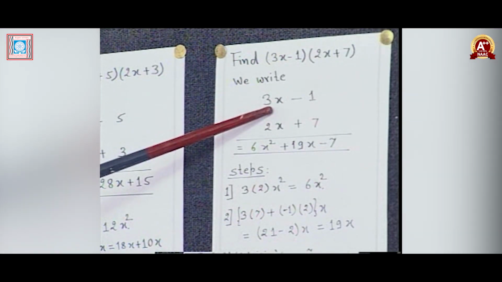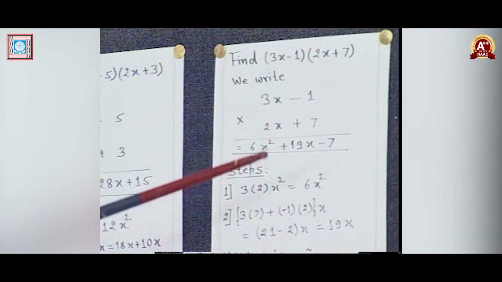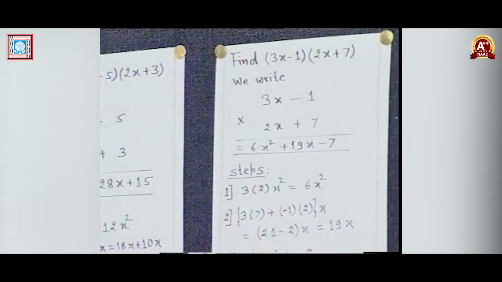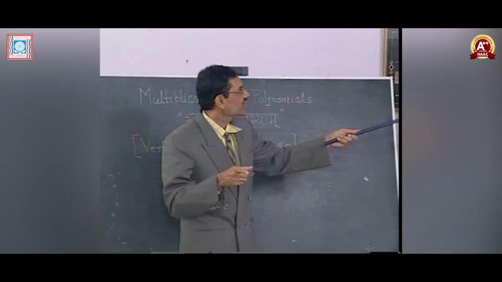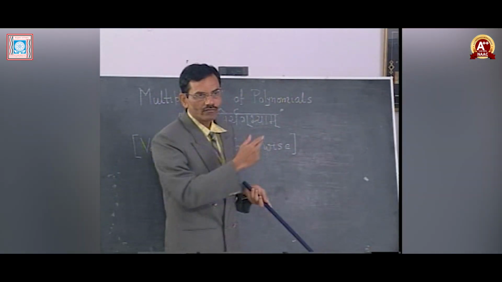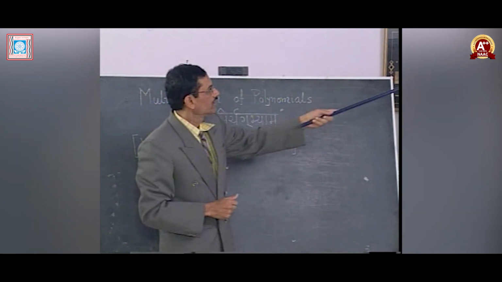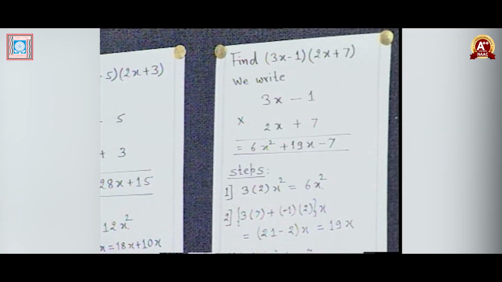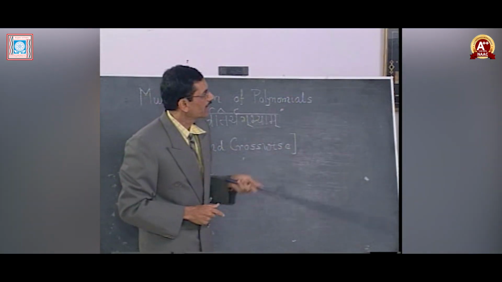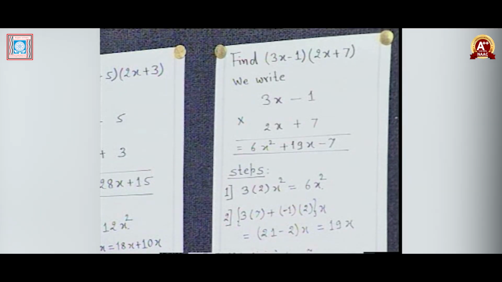Secondly, cross multiplication. 3 into 7 plus minus 1 into 2. That gives 21 minus 2, that is 19x. Because it is a multiplication with x term, we get an x term. Then minus 1 into 7, minus 7. So answer of the required multiplication is 6x square plus 19x minus 7.